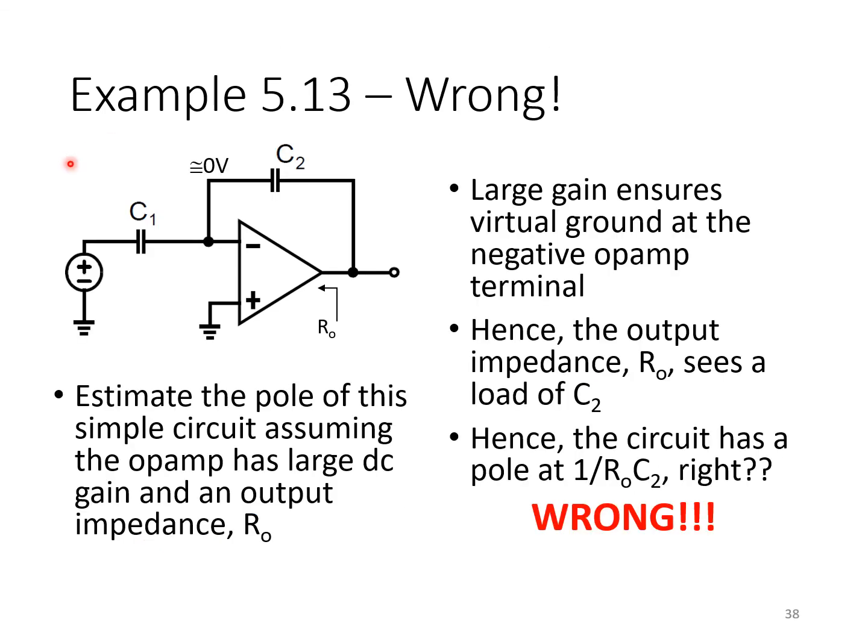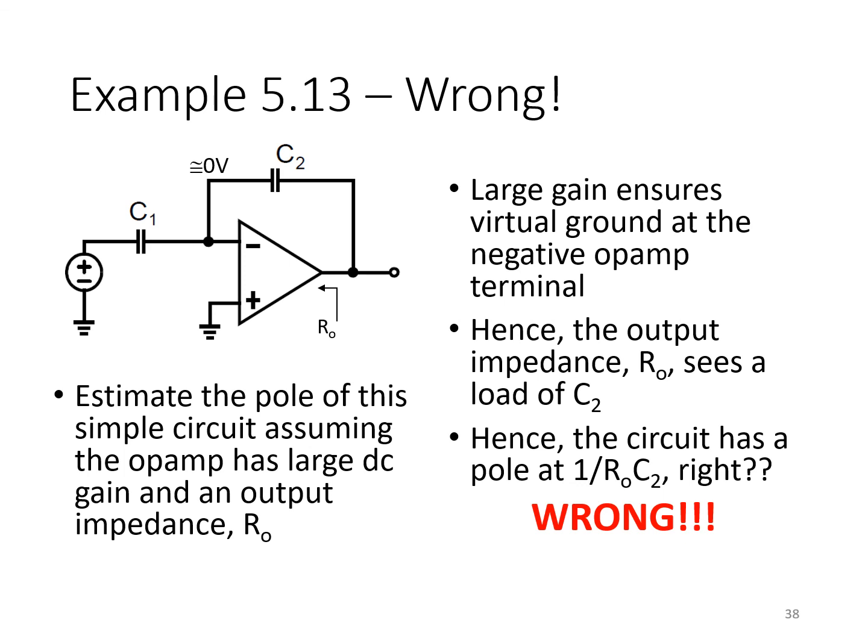Now here's a simple example that illustrates how even the analysis of a very simple feedback circuit can trip people up sometimes if they're not careful about applying the principles of feedback properly.